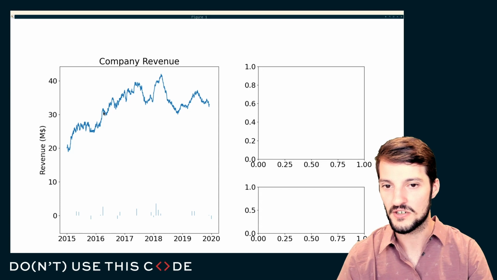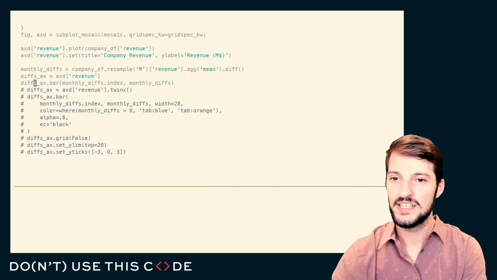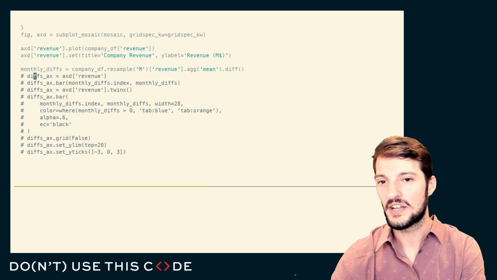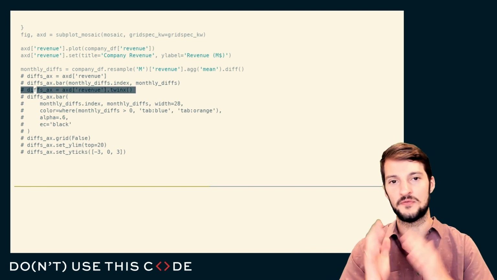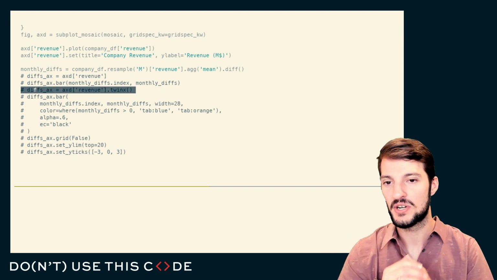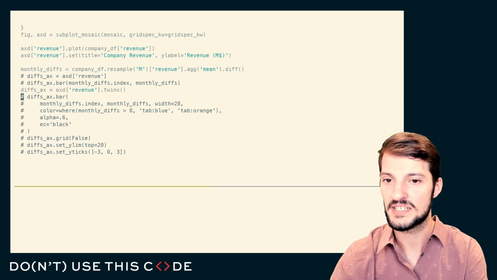That's the amount of change that occurs between any two consecutive points on this plot. And so we don't really want to be plotting these on the same axes. I want to visualize them almost overlapping, but I don't want them to relay information to and from the same data space.